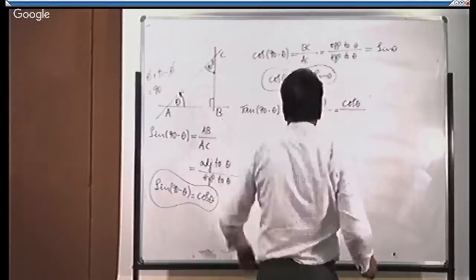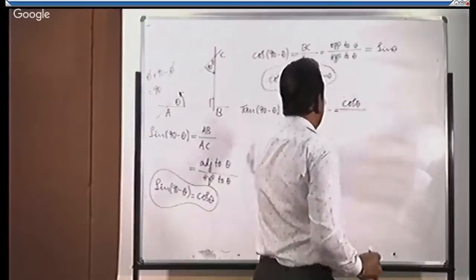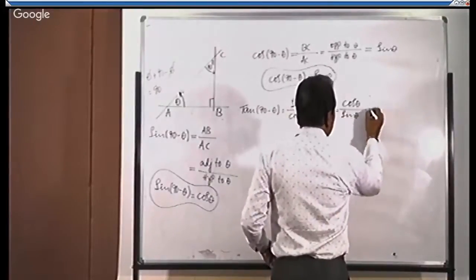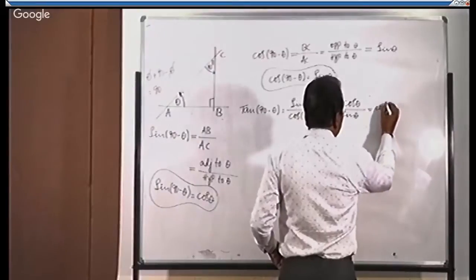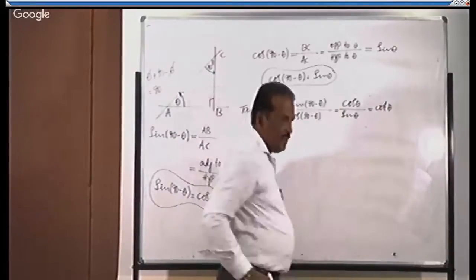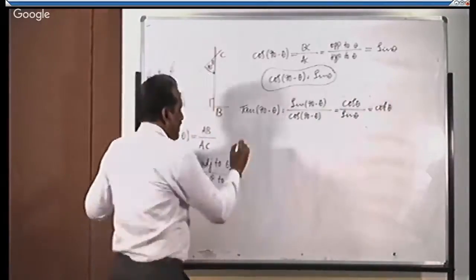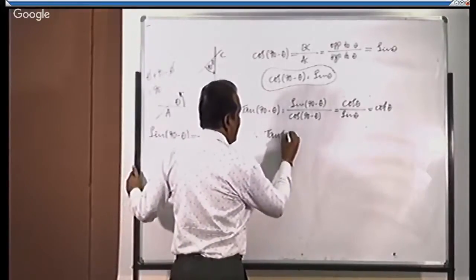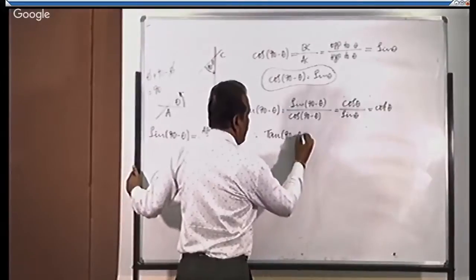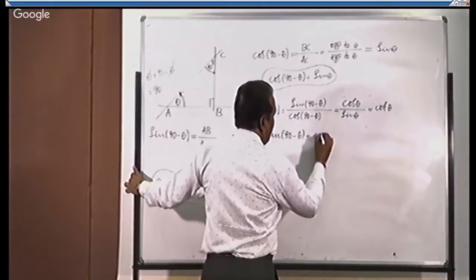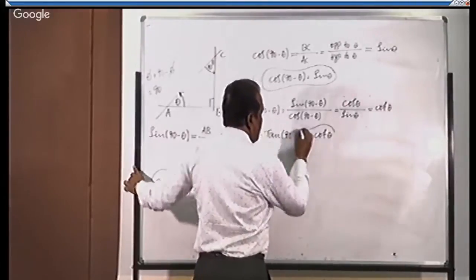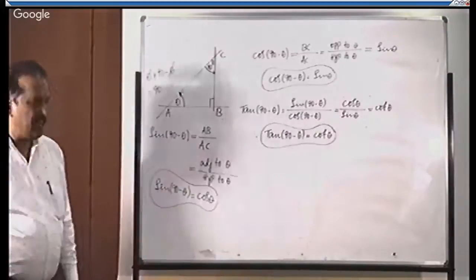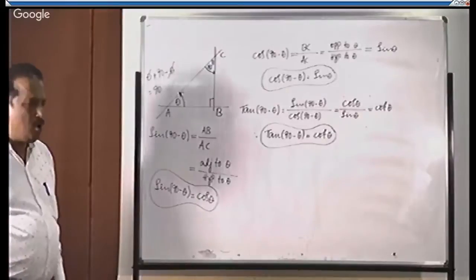Similarly, we proved cos of 90 minus theta is equal to sine theta. So cos theta by sine theta is cot theta. Therefore, tan of 90 minus theta is equal to cot theta.